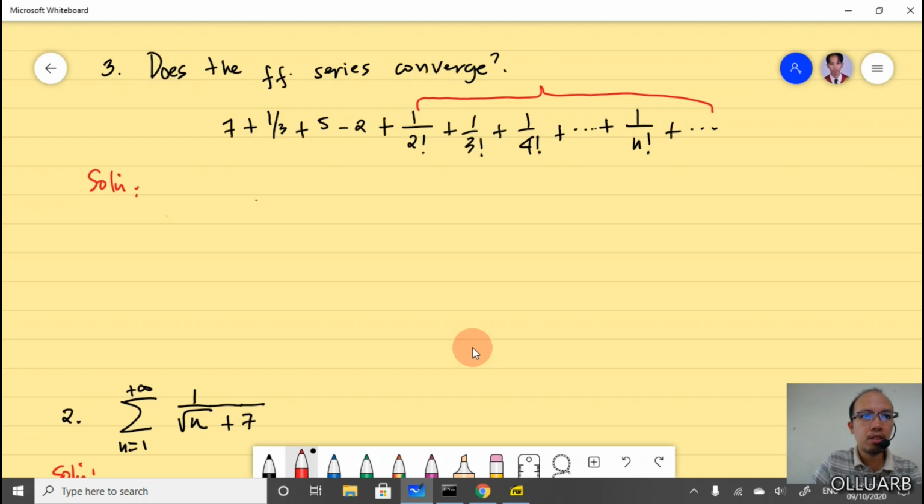This is summation of 1 over n factorial, where n starts from 2 to positive infinity, and we know that this is convergent by previous example.